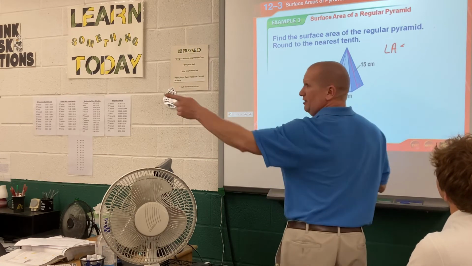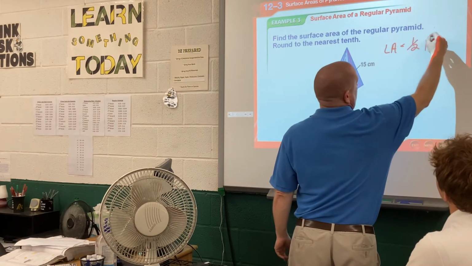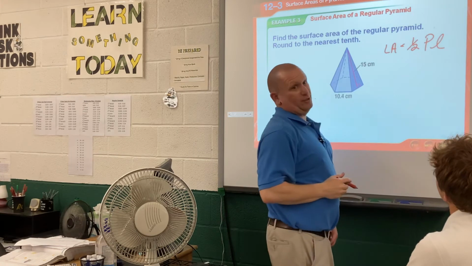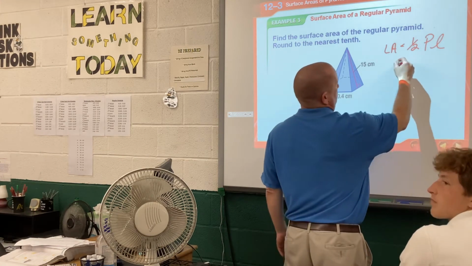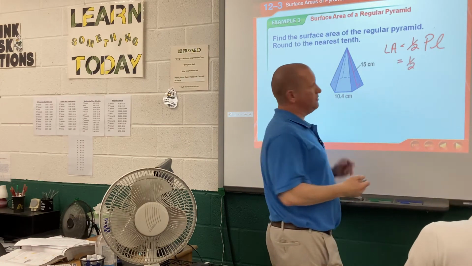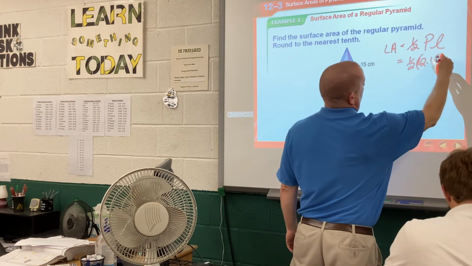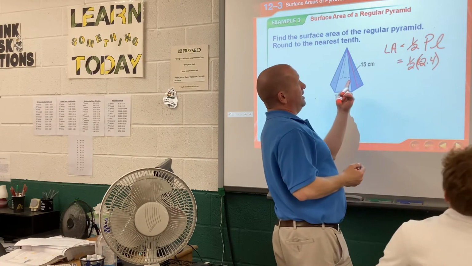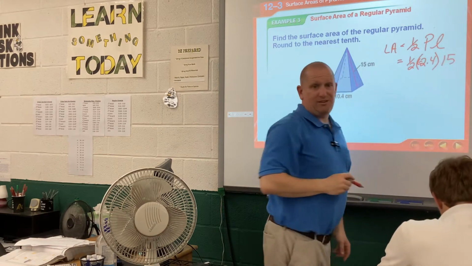So my lateral area is going to be what? 1/2 PL. So we're still doing that, and it's still relatively easy at this point because we're just filling stuff in. 1/2, what's my perimeter? 62.4. And then what's my cursive L or slant height? 15. So that one's pretty easy, right?